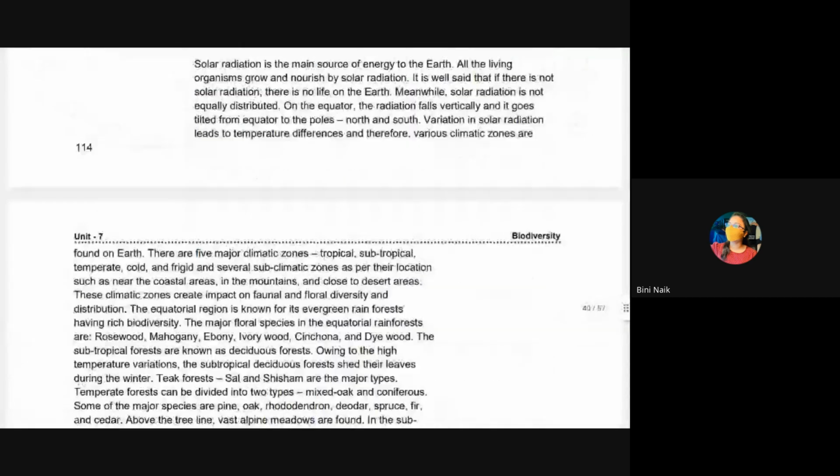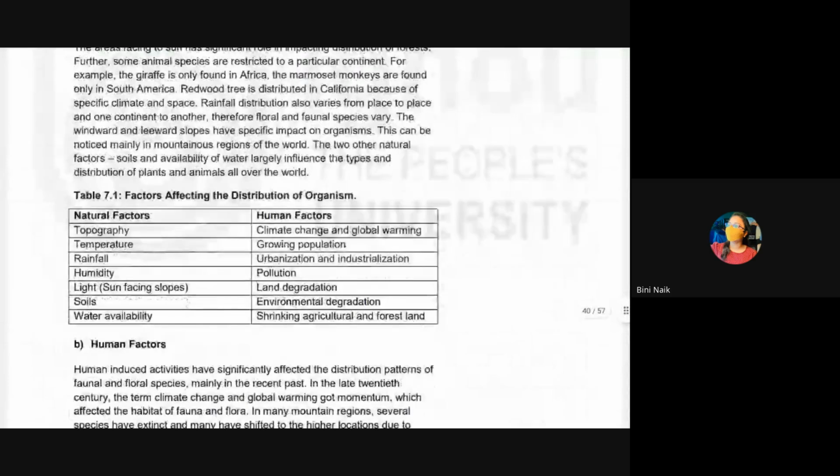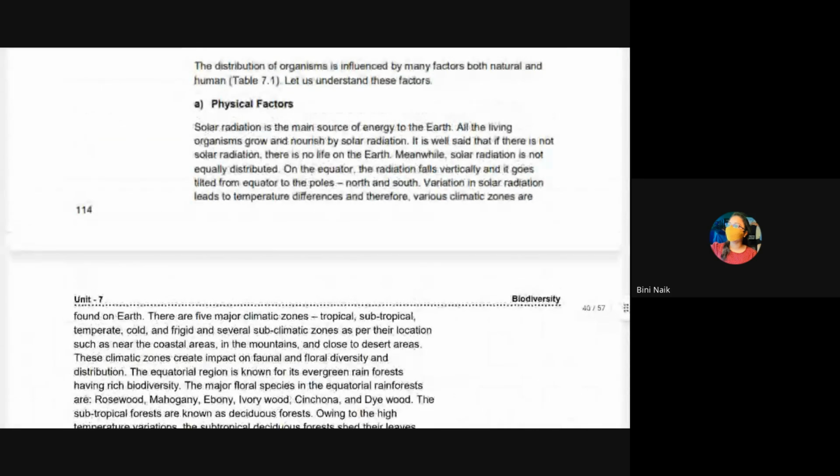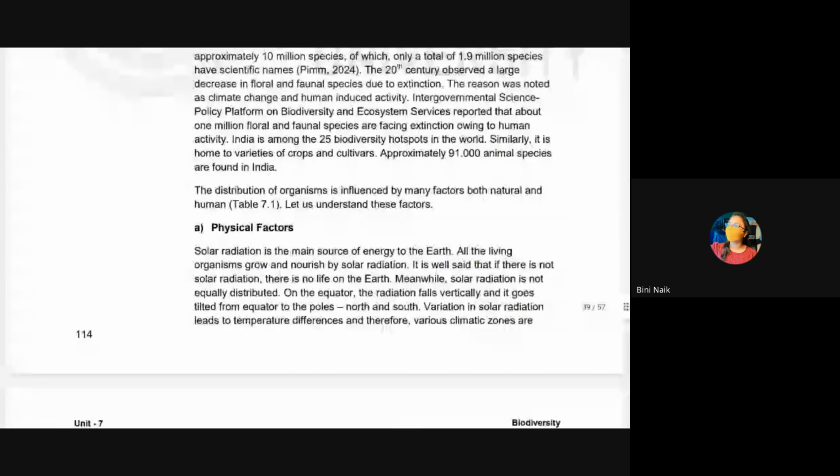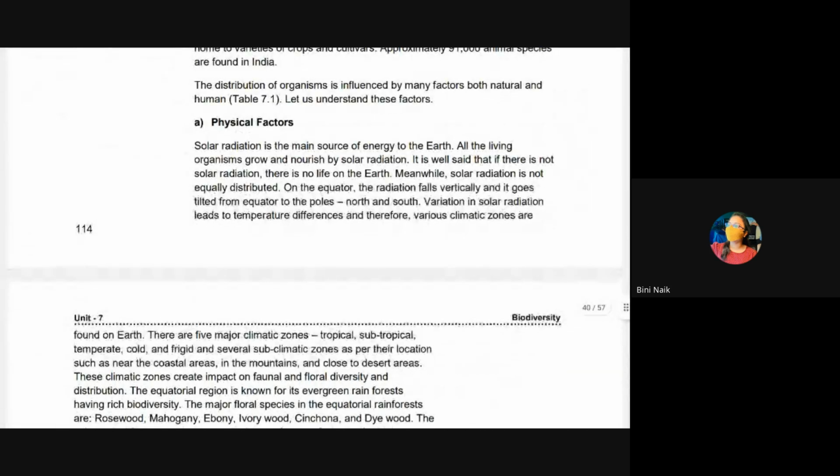Definitely, there will be physical factors. What are the physical factors? Soil, climate, availability of water, then radiation. All these parameters are determining the kind of organisms that you will see in that region, or the distribution of organisms in that region.